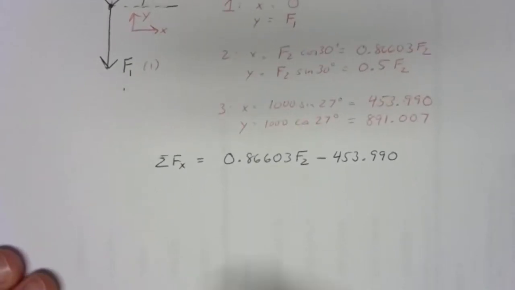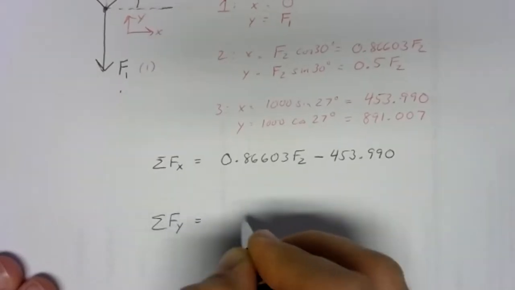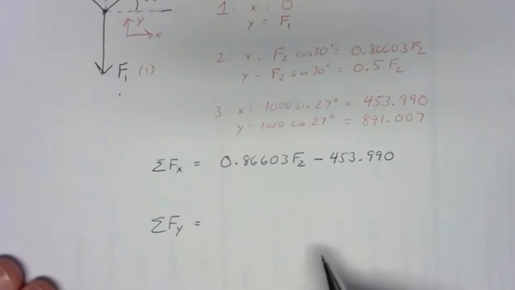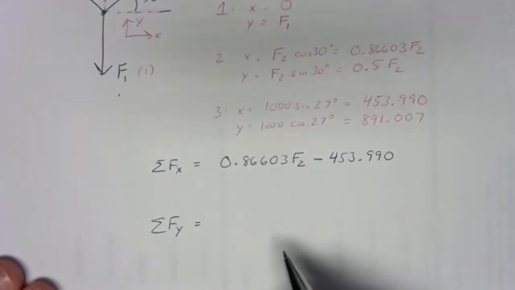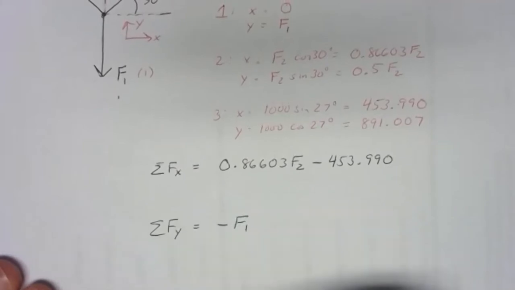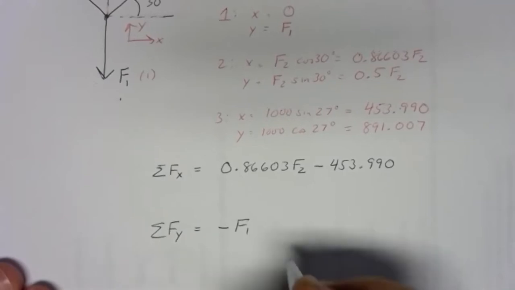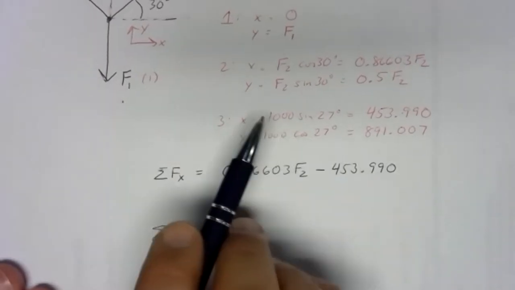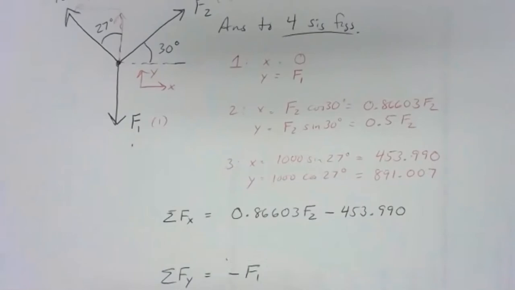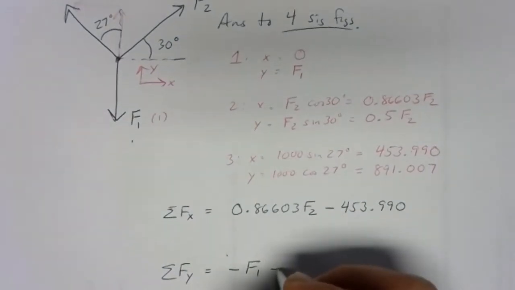If we do our sum of forces in the y direction, well, vector 1 is all y and all negative. So that goes into the sum negative F1, since it all pulls down, whatever it is. Vector 2, its y component is up. So it goes into the sum positive.